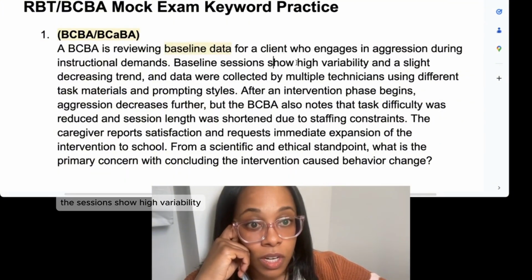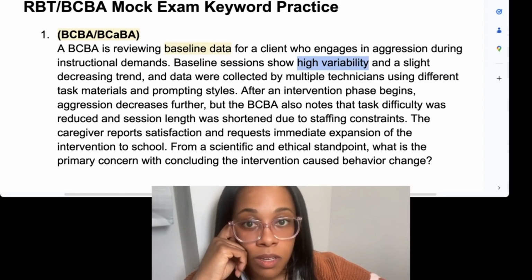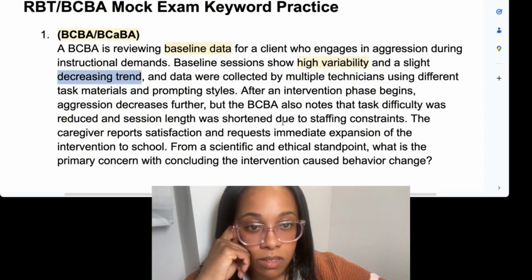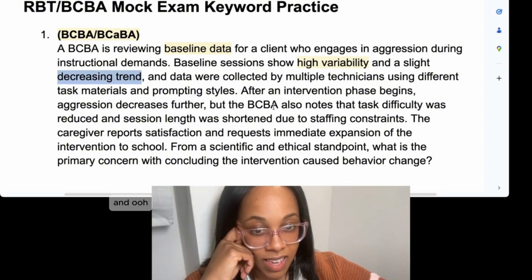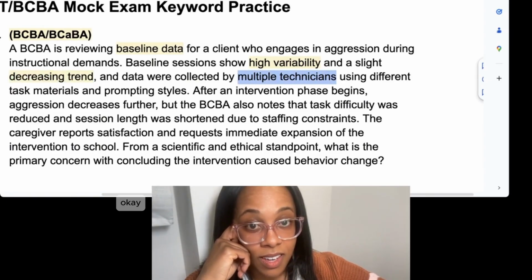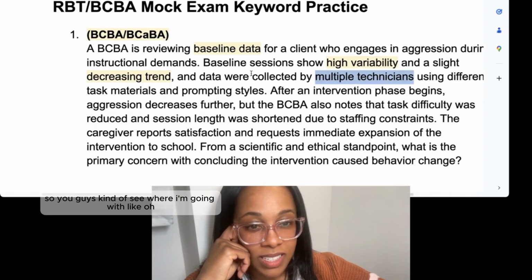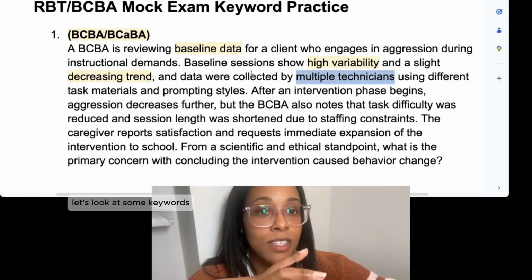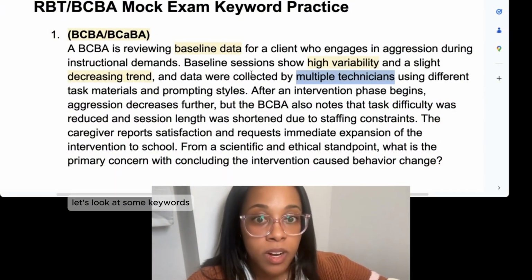The sessions show high variability, a decreasing trend, and data collected by multiple technicians. So you guys kind of see where I'm going with, let's look at some key information that's sticking out.